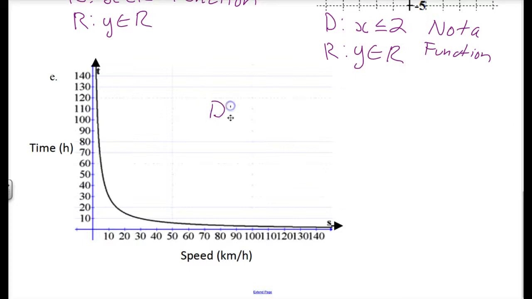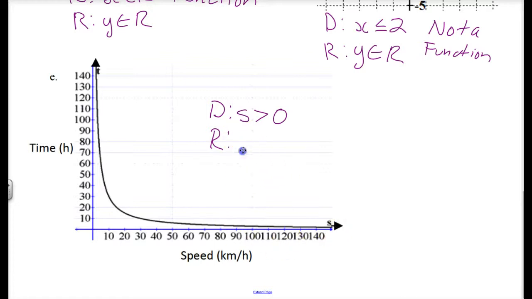Domain. Well, our speed has to be greater than 0, so S is greater than 0. You notice our speed can't be 0. If our speed were 0, we'd never get anywhere. And our range: your time can't be 0.